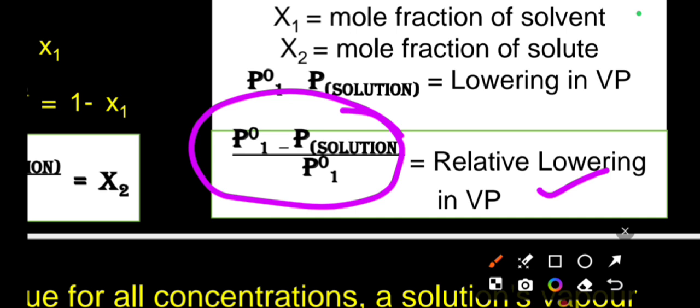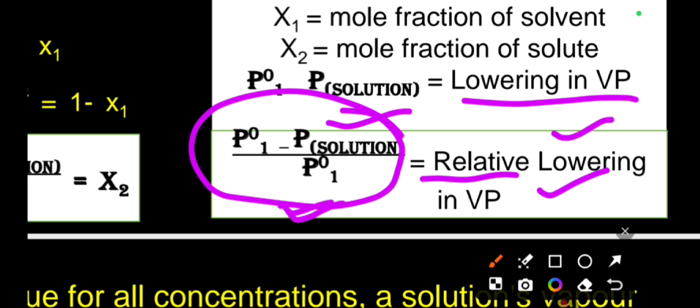Why is it called relative lowering in vapor pressure? The upper one is just lowering in vapor pressure, but here you compare it with the pure solvent. If you are comparing it, then you use the term relative. P node minus Ps divided by P node 1 is called relative lowering in vapor pressure.